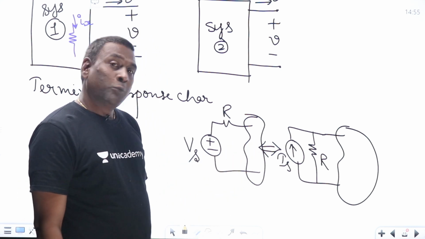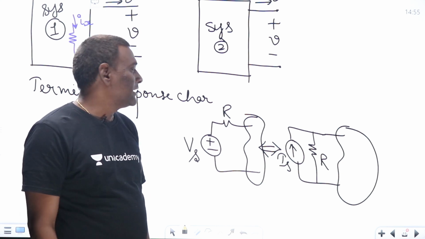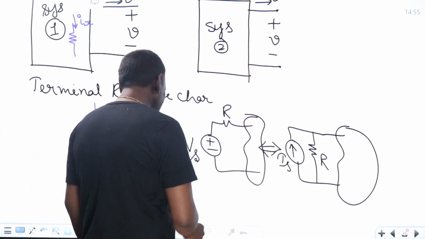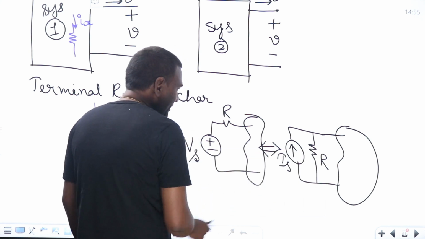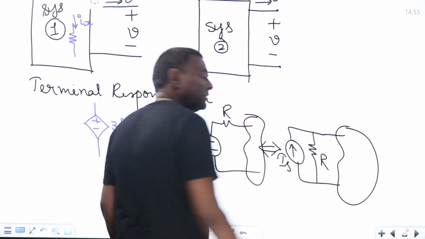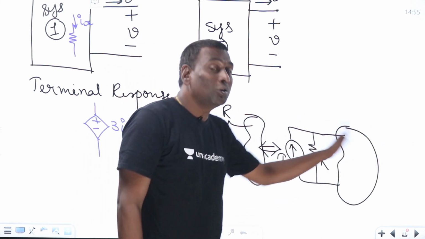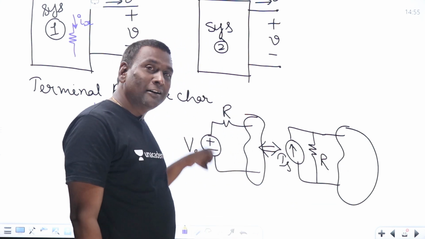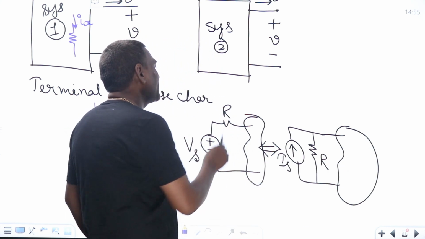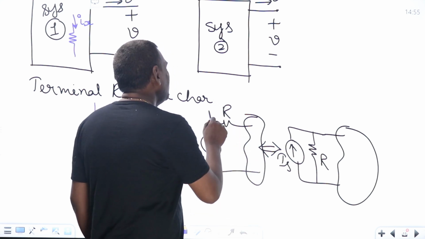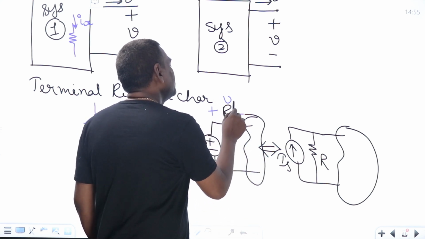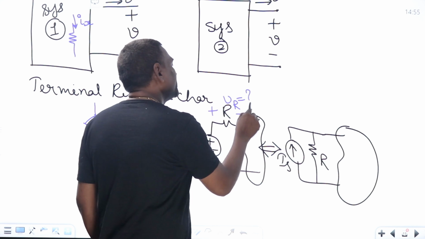Now, if they ask you how much power is absorbed by this resistance, to the external world both are the same. But internally, forget about power, take voltage: the voltage across this, VR, equals how much?